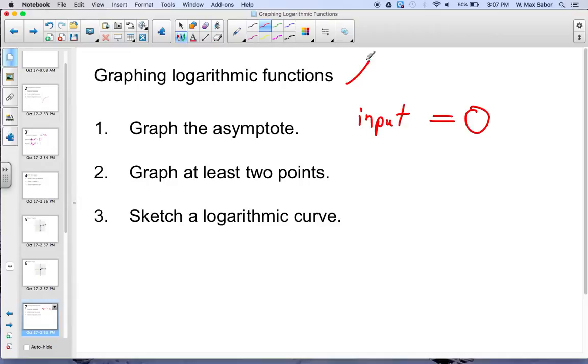So if we have log base something of that, I mean everything that's inside the parentheses of the log. Then we graph at least 2 points. Sometimes you can figure out some easy points to graph, but sometimes you'll have to guess around and maybe estimate using what you know about logarithms. And then you'll sketch a logarithmic curve.